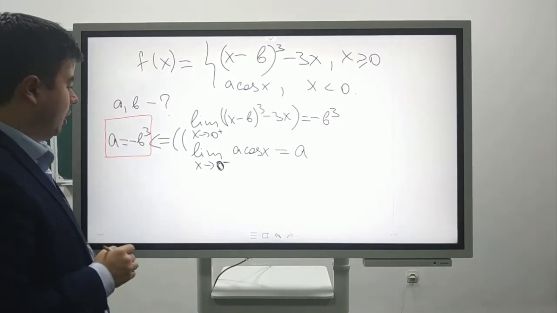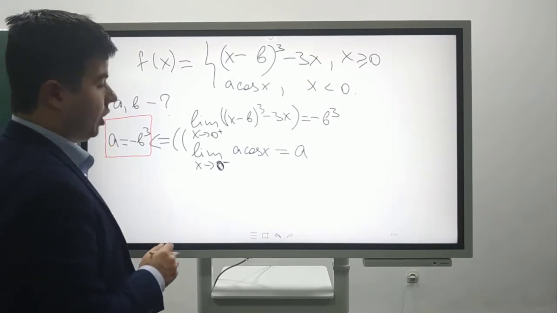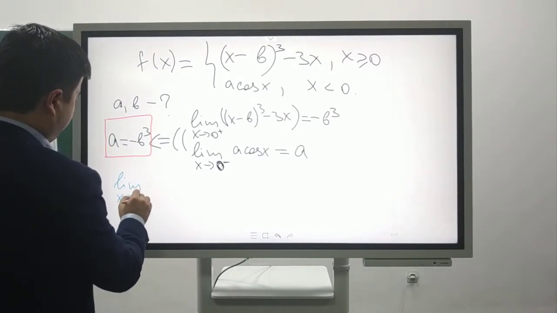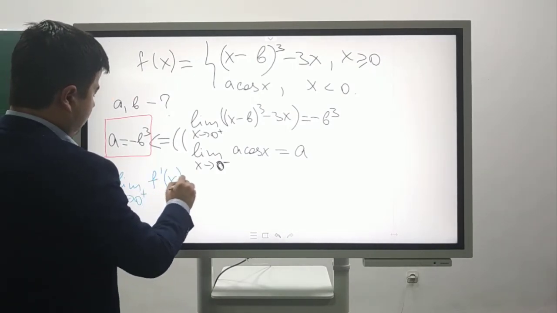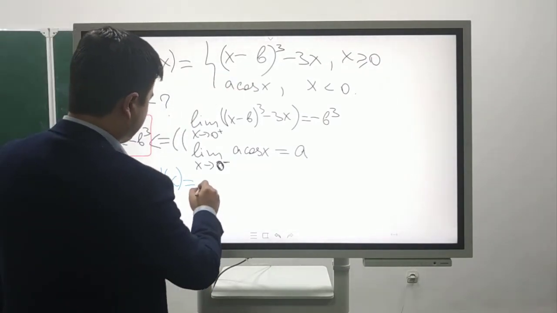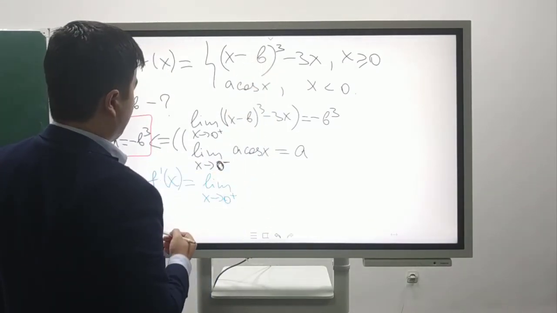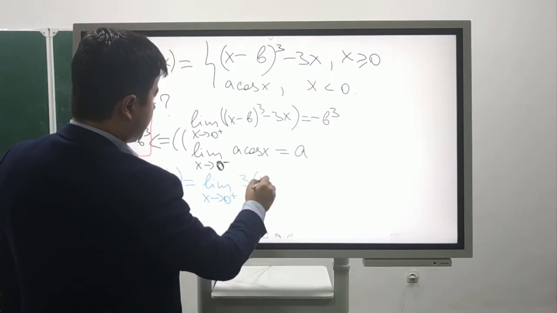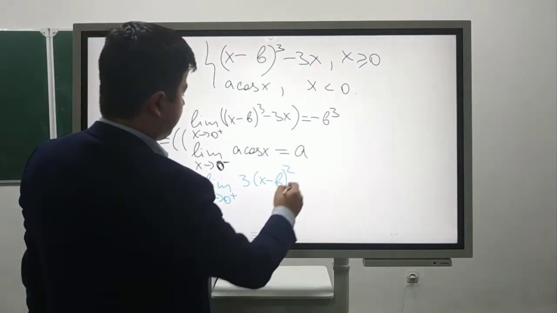And now let's find the one-sided derivatives. The limit as x tends to 0 plus is the right-sided derivative, f prime. So we take the derivative of this function. It is the limit as x tends to 0 plus of 3 times (x minus b) squared minus 3.